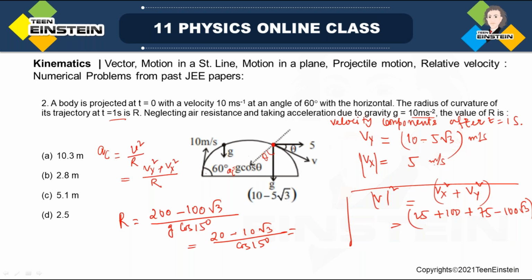And look, if I take 10 common over here, it will be 2 minus root 3 divided by cos of 15. So this will actually get cancelled.